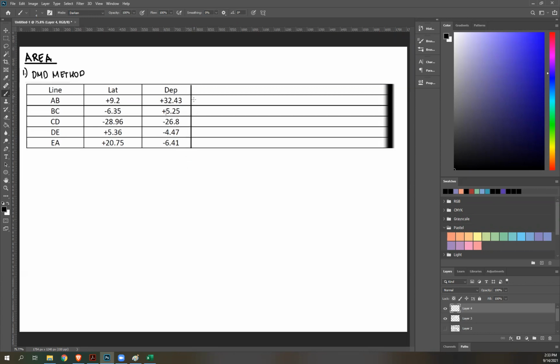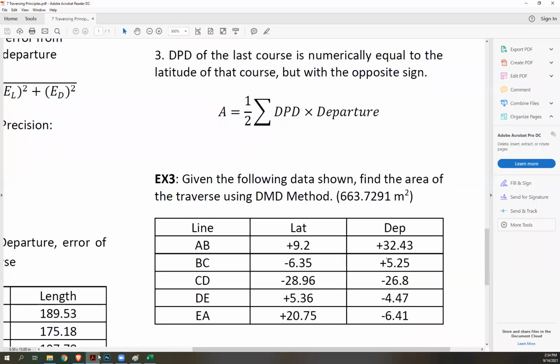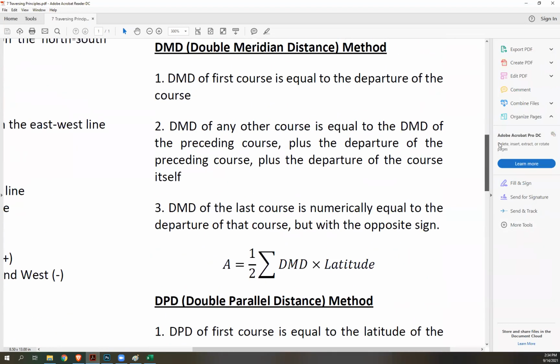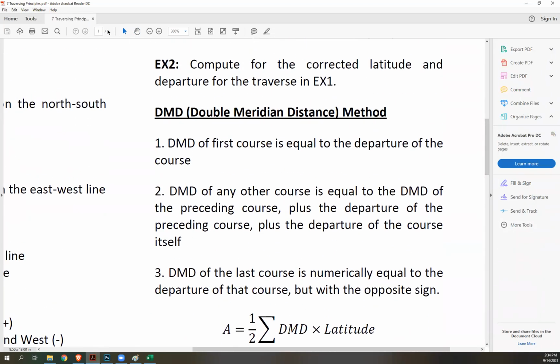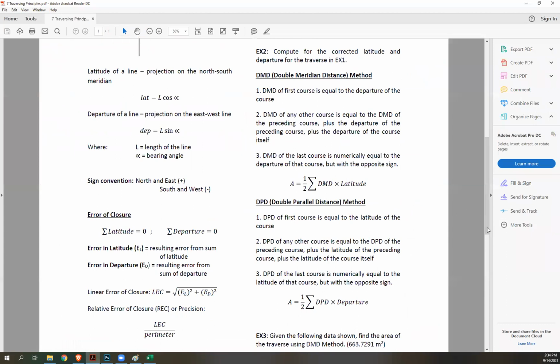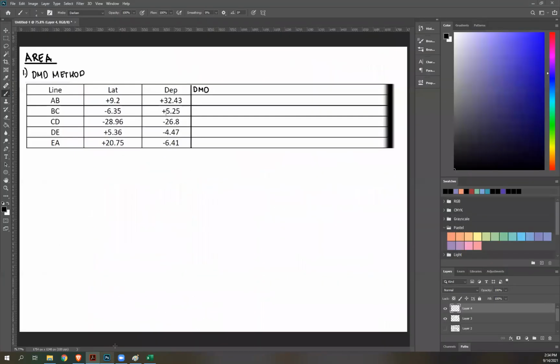So in order to do that, again, let's follow the steps. Let's first take the double meridian distances with the DMD. Okay. So let's look here. The DMD of first is equal to the departure. So let's look. Departure is this, so that's also 32.43.